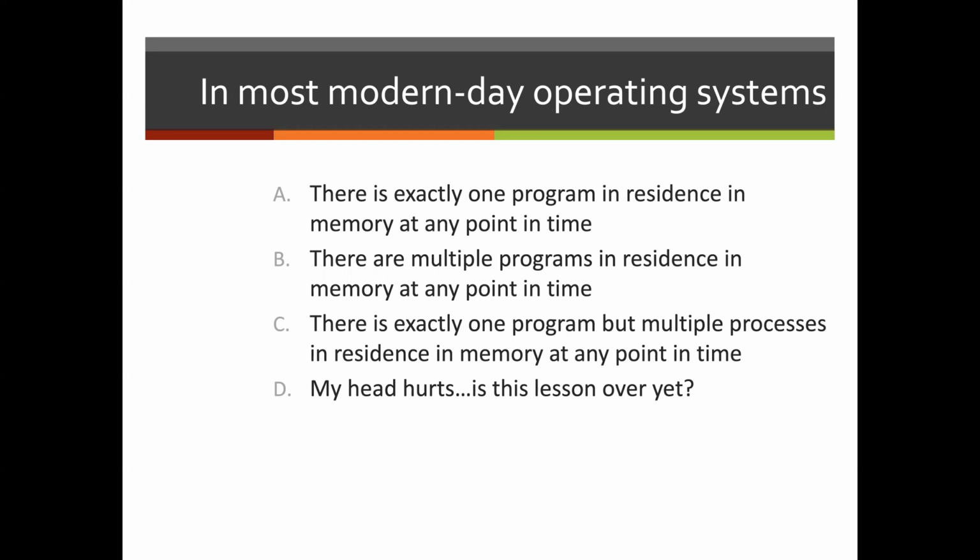There are multiple programs in residence in memory at any point in time. There is exactly one program, but multiple processes in residence in memory at any point in time. Or does your head hurt?